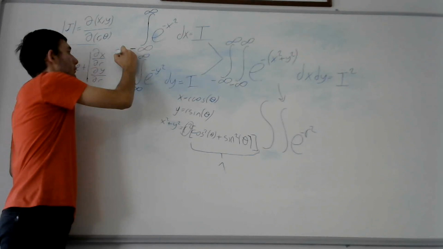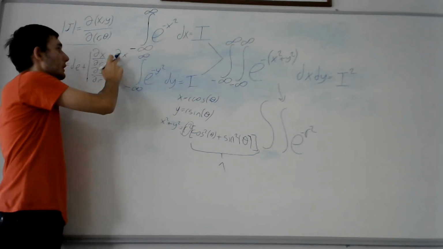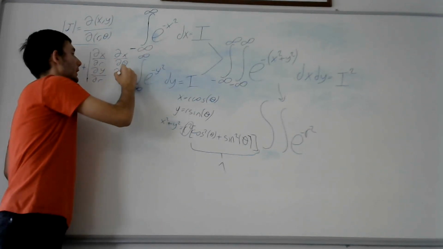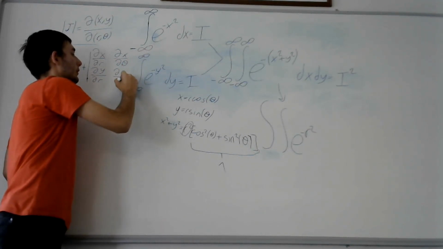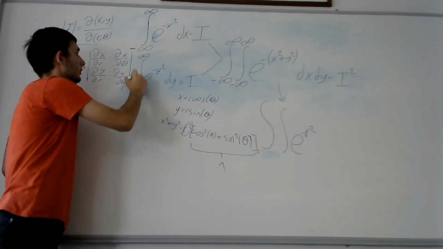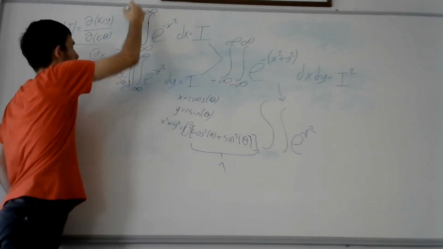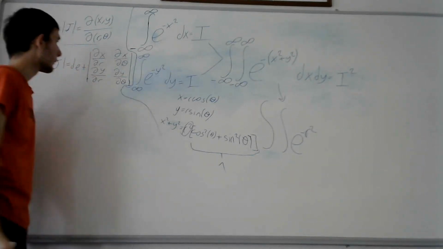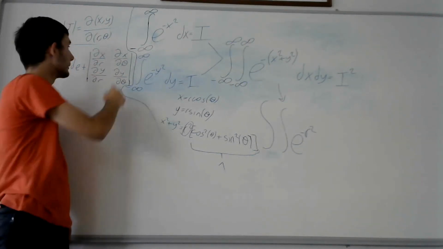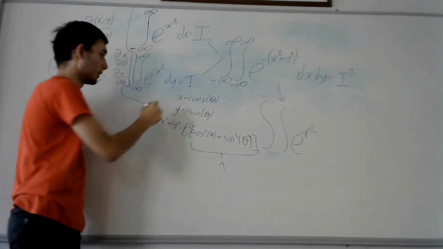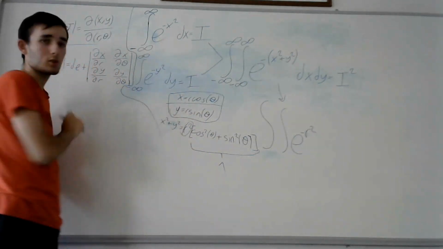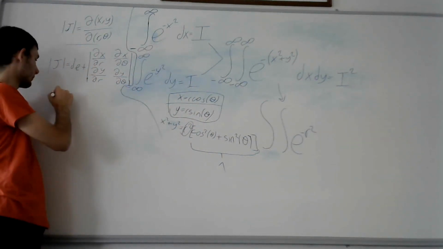And for the next column, it's going to be the partial derivative of x with respect to theta, and vice versa for y. All right. So let's just go ahead and plug in our x and y values here, which are these, and find the Jacobian determinant.